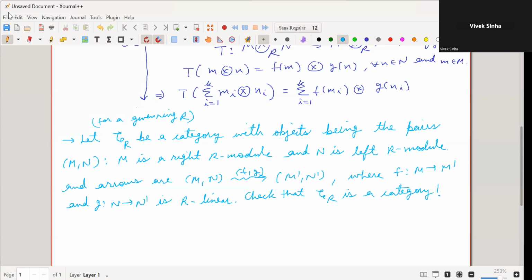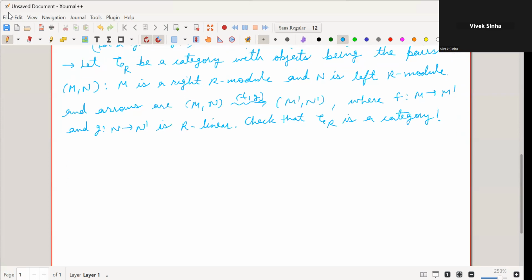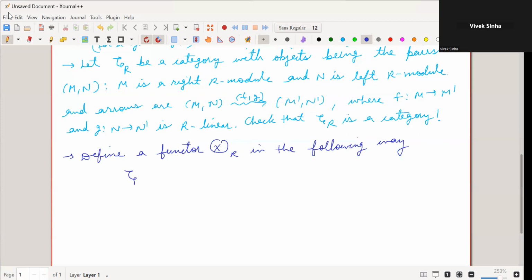And here we will define a functor, tensor over R, in the following way. So this is the functor from C of R to Z-mod.